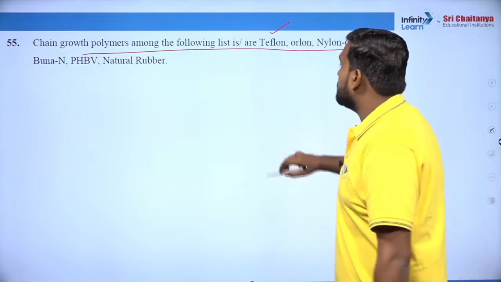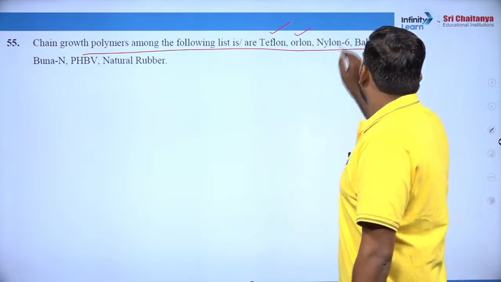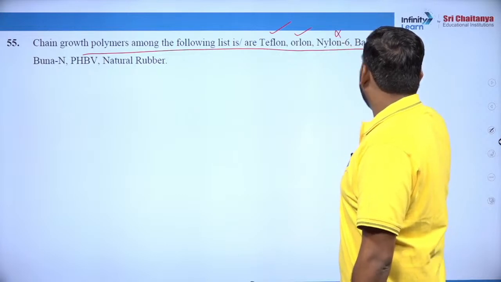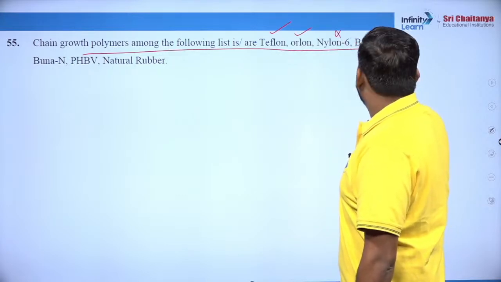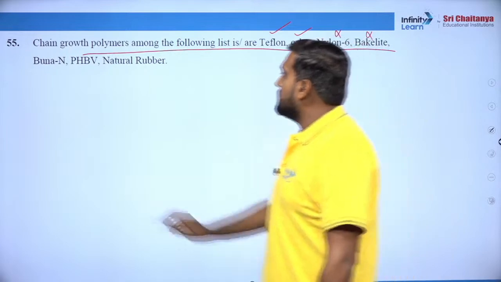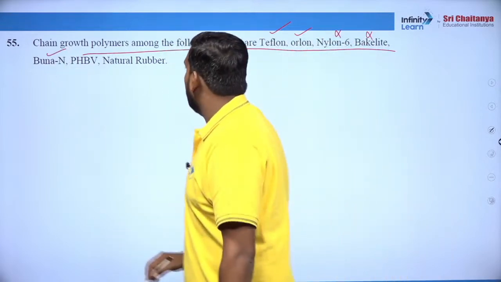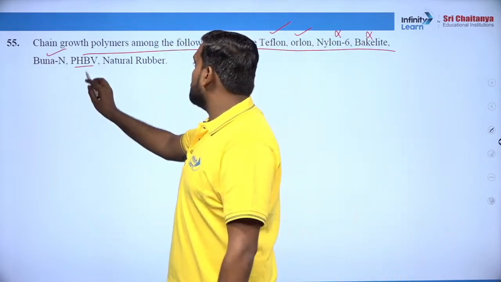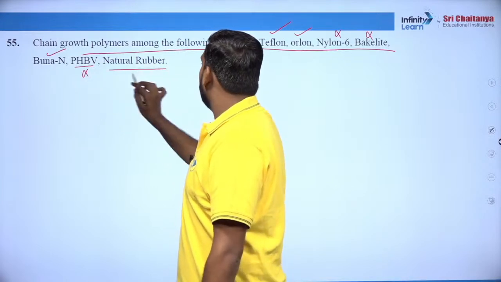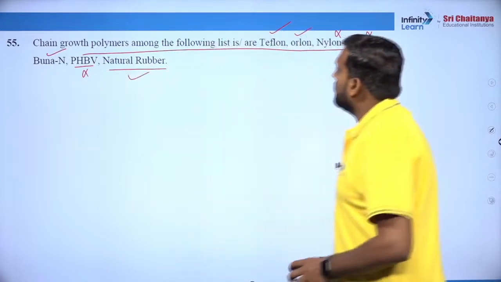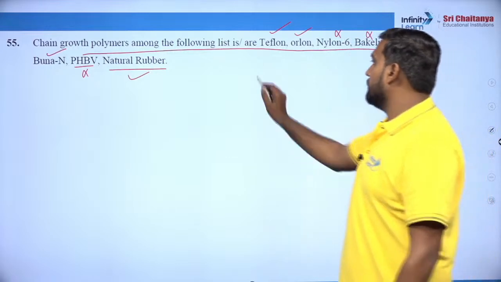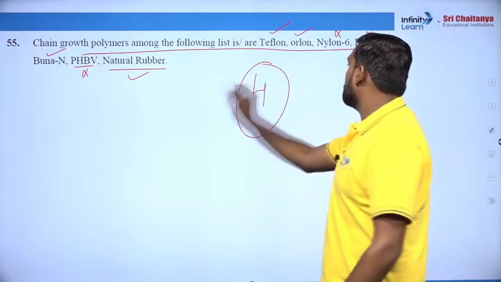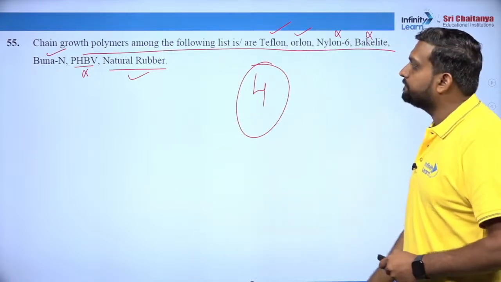So Teflon is a chain growth polymer, Orlon is there, nylon is a condensation polymer, bakelite is a condensation polymer. Next is Buna, this is a chain polymer. Then PHB, this is the condensation one, and then natural rubber, this is also chain growth. So how many of them are chain growth? 4 of them are chain growth polymers. So the correct answer is option number 4.